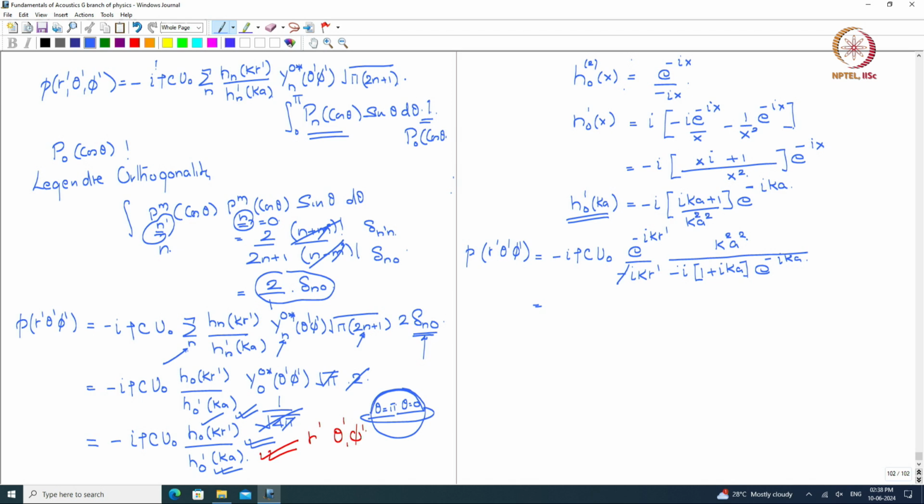This minus goes, I square becomes a minus, then this minus goes, so I have I rho c u0 by k, this I k a becomes plus over there, so it is e to the power of minus I k r dash minus a by r dash, this fellow, then k square a square by 1 plus I k a.